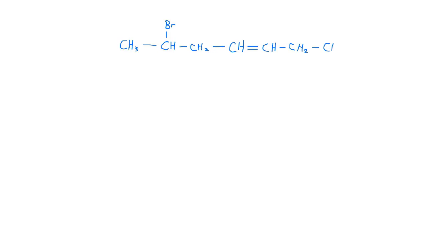Say I had a compound like this. Which side would I start numbering from? You would start numbering from my right side. Exactly, because in this case, the functional group is the highest priority.